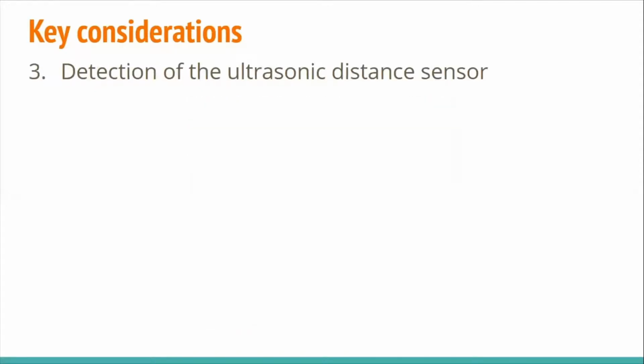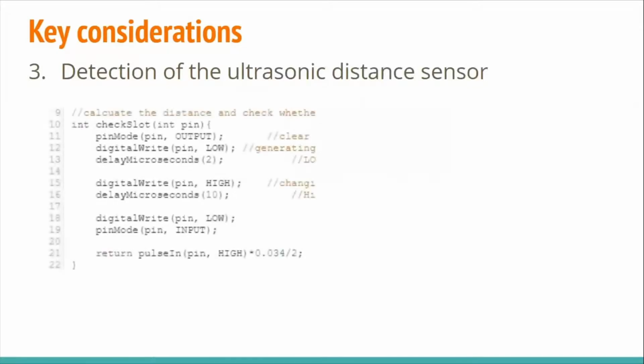And thirdly, we consider the detection of the ultrasonic distance sensors. In our system, we have 2 sensors. In the program, we set pin 7 as the trigger and echo pin of sensor 1, and pin 8 as the trigger and echo pin for sensor 2.